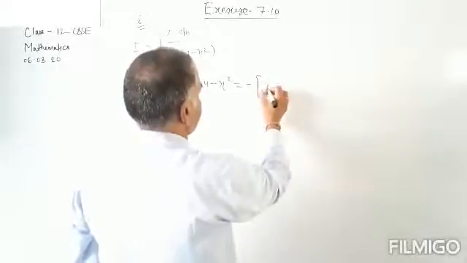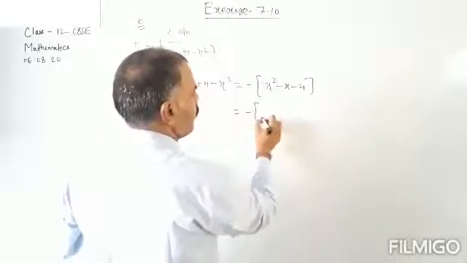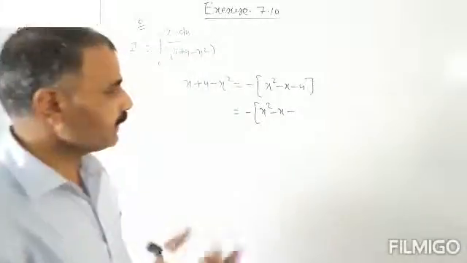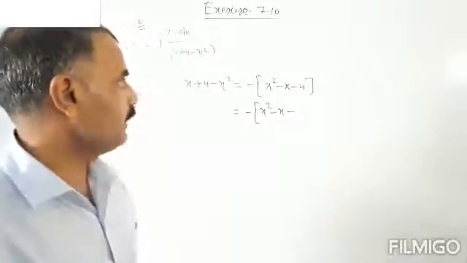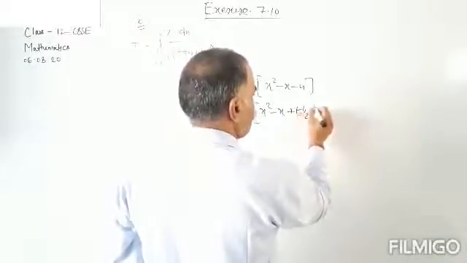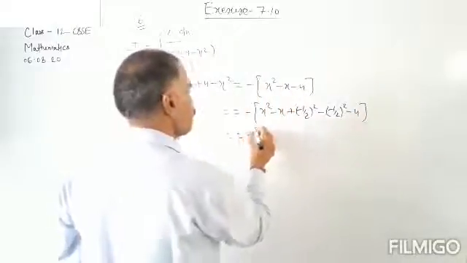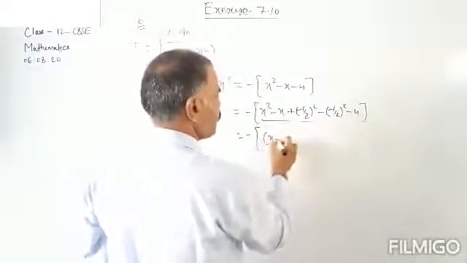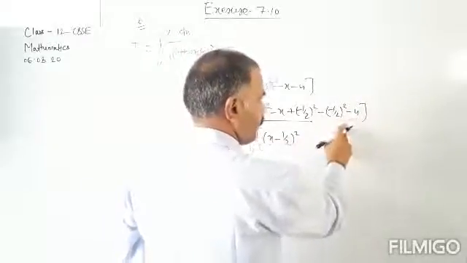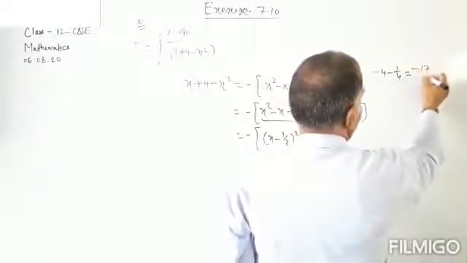So the algebraic expression will become x square minus x minus 4, and this is equals to minus x square minus x. The coefficient of x is minus 1 and half of the coefficient of x is minus 1 by 2. So plus minus 1 by 2 square minus 1 by 2 square minus 4. This is equals to minus x minus 1 by 2 whole square minus 4 minus 1 by 4, that is minus 17 by 4.